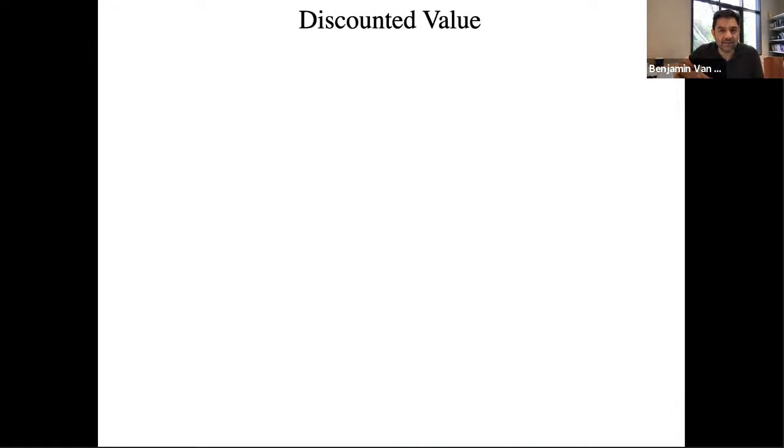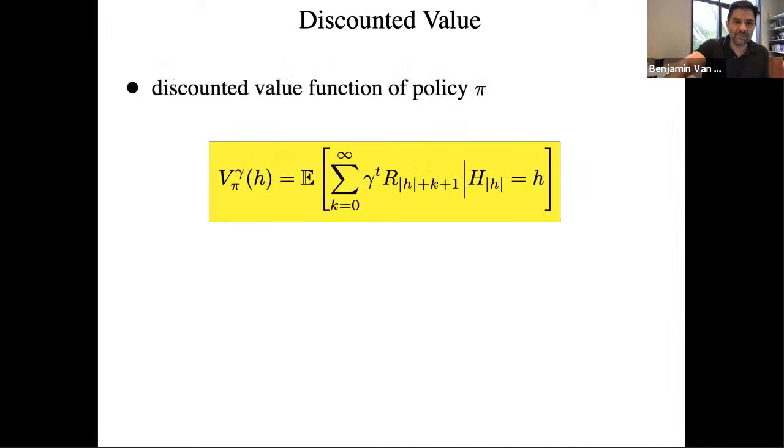Another concept that will come in here is discounted value. Most of you, I imagine, are familiar with this, but to clarify, the discounted value of policy pi, v pi gamma h, with discount factor gamma, is the expected discounted sum of rewards, discounted with the discount factor gamma.